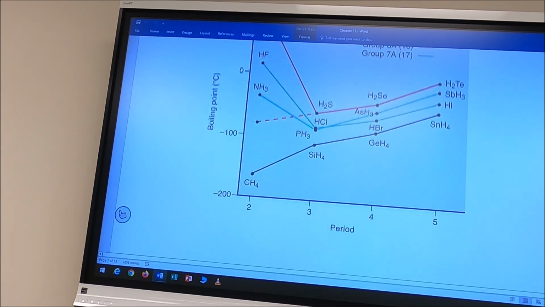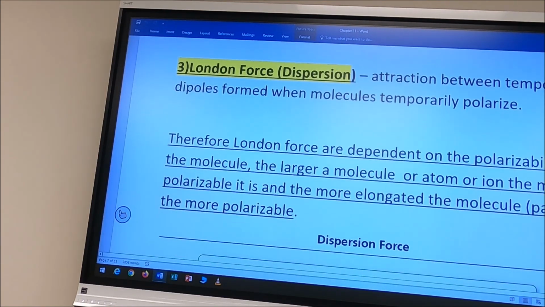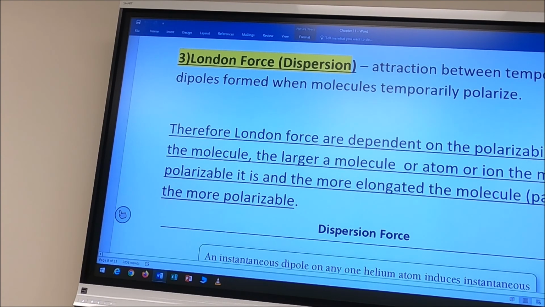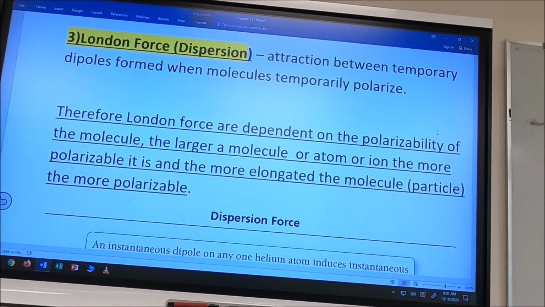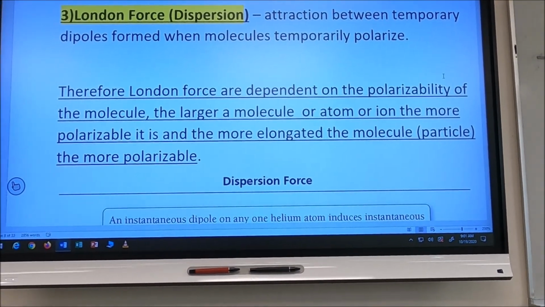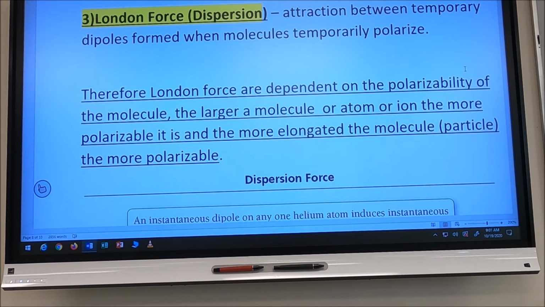So let's scroll down. The third intermolecular force we're going to talk about is the London force. The London force, also called the dispersion force, is an attraction between temporary dipoles formed when molecules temporarily polarize.